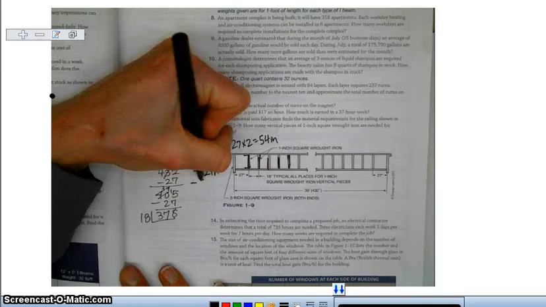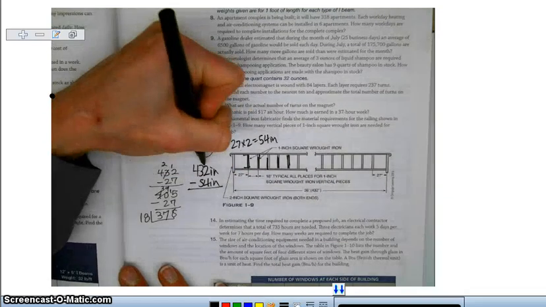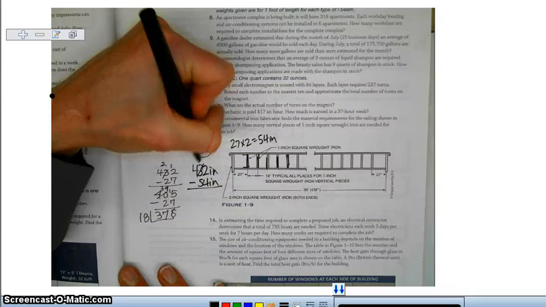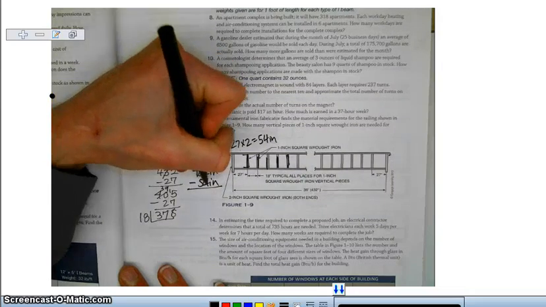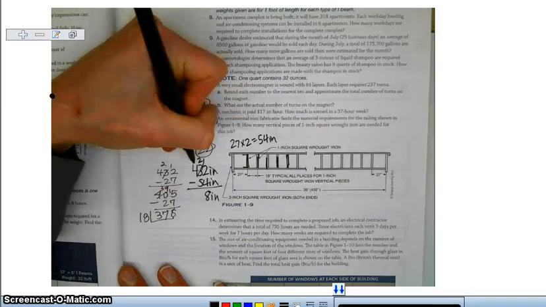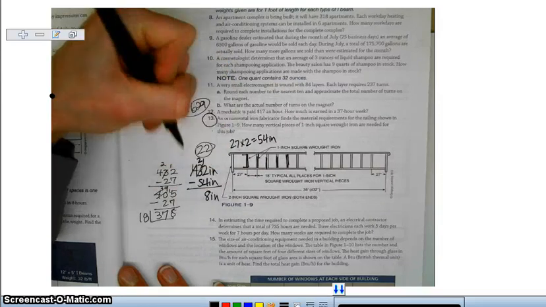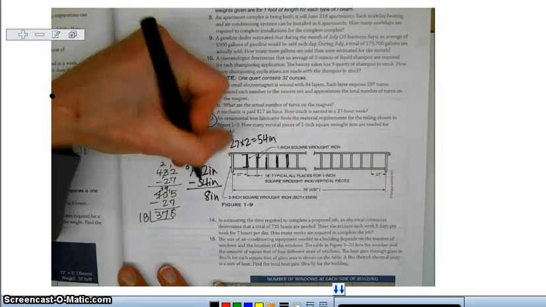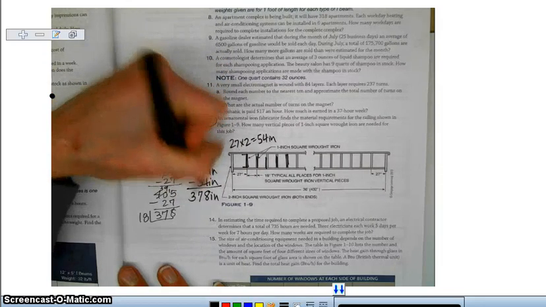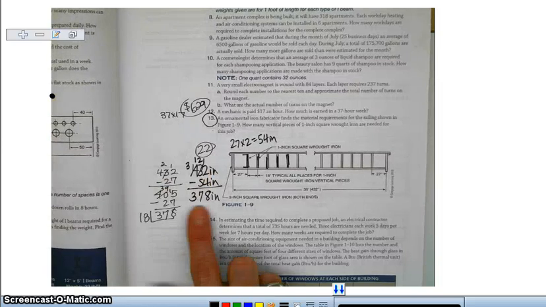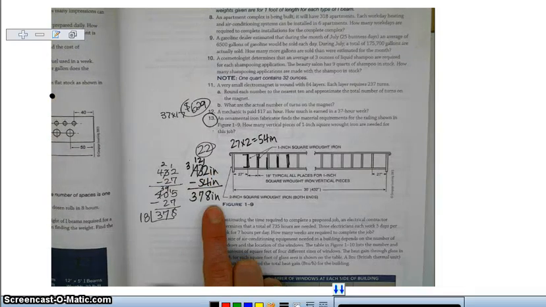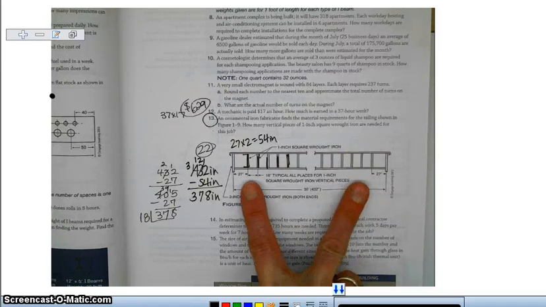So I'm going to subtract 54 inches from 432. Borrow 1 from the 3, that becomes 2. That becomes 12. 12 minus 4 is 8 inches. And then 12 minus 5 is 7, and then 3 minus 0 is 3. So 378 inches now.